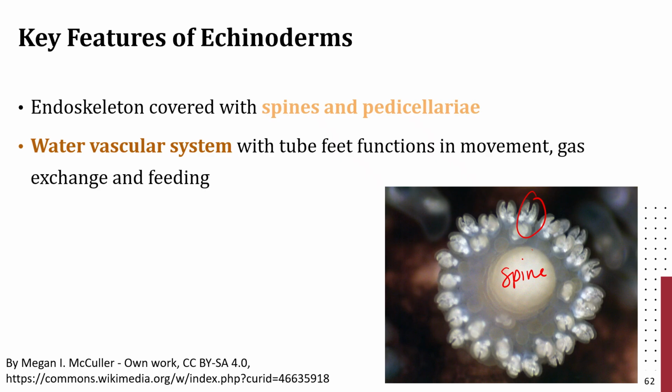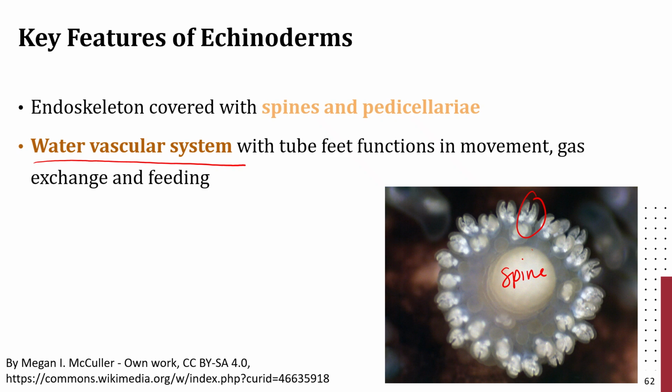Lastly, at least what we're going to talk about, they use something called a water vascular system for movement. Basically it is a tube structure inside the organism that spreads out to the arms or whatever structure they happen to be using for mobility. It produces little tubes that come out of the endoskeleton, and using water pressure and changes in water pressure, it causes the tubes to move.